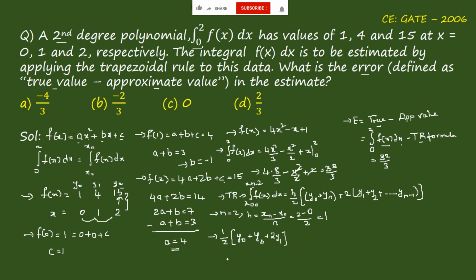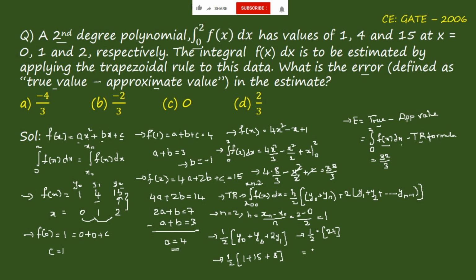So just substitute the values here, then we get 1 by 2 into y naught as 1 plus 15 plus 2 times of 4, so it becomes 8, right? So substitute the value here, then we get 1 by 2 into 16 plus 8, it becomes 24.